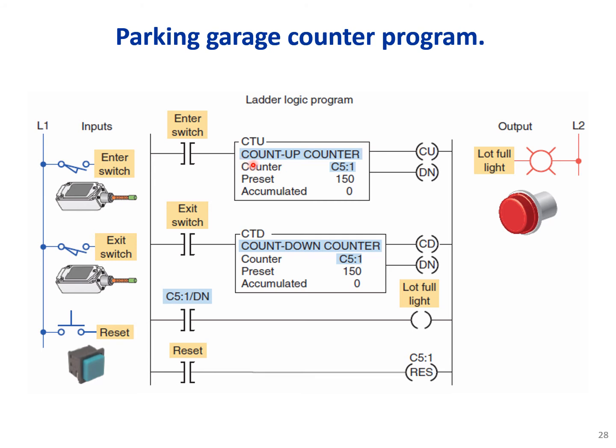When a car passes through the entrance door, the up counter will count up, and once a car exits from the exit door, the down counter will count down.